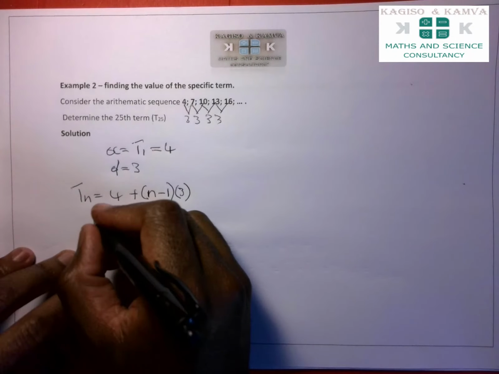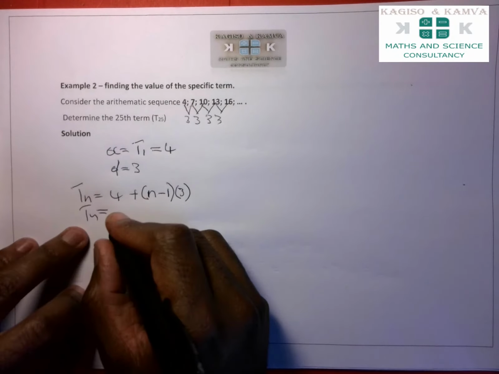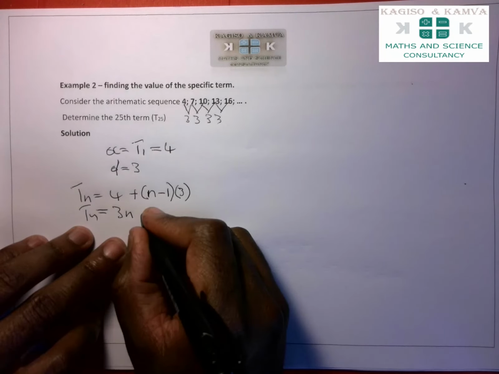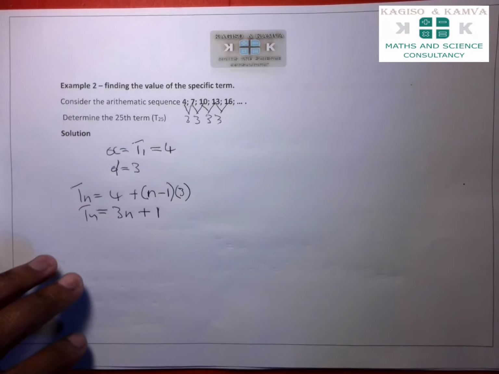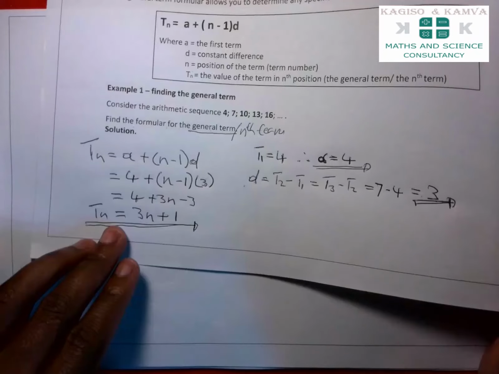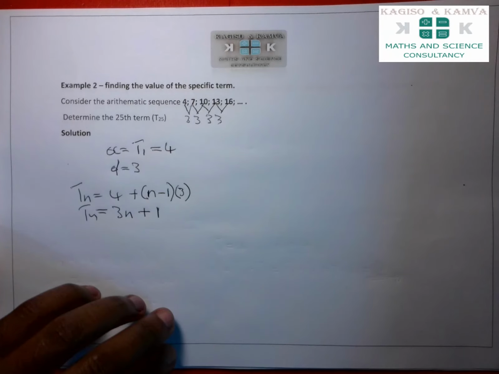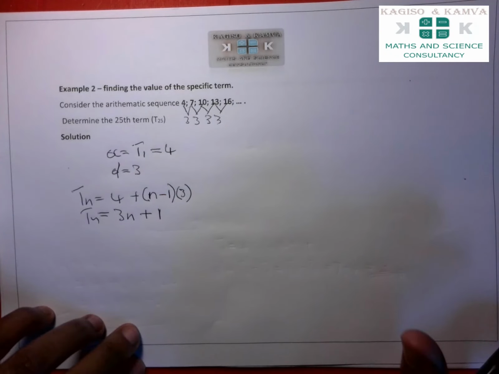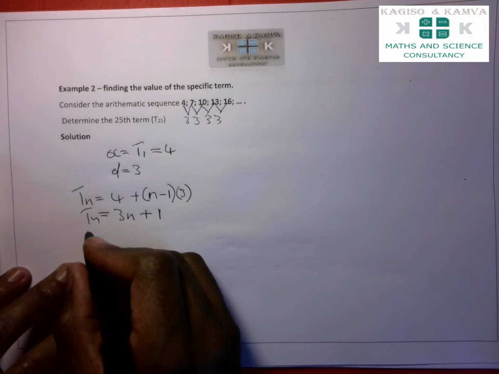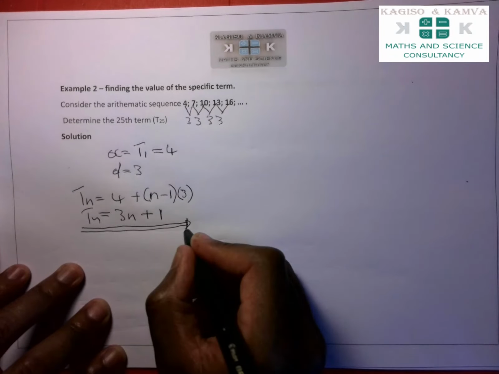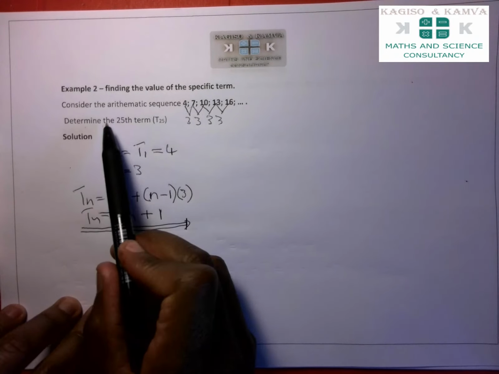What did we get? It was 3n plus 1 from the previous example. Because it is still the same number pattern, we are still going to get the same general term. Now that we have the general term, what do they want? They want us to determine the 25th term, term 25.